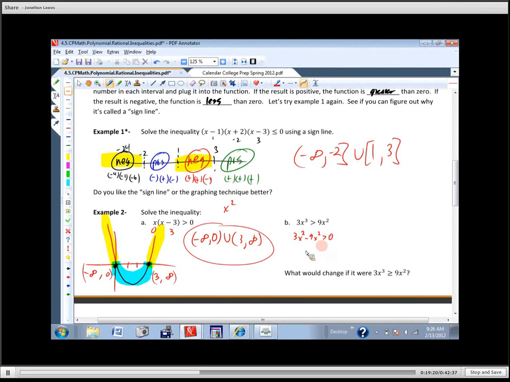Looks like x cubed. 3x cubed if we wanted to get technical. What's wrong with the way this is written? It's not factored. So let's take out a 3x squared, and we'd be left with an x minus 3. Am I right about that?